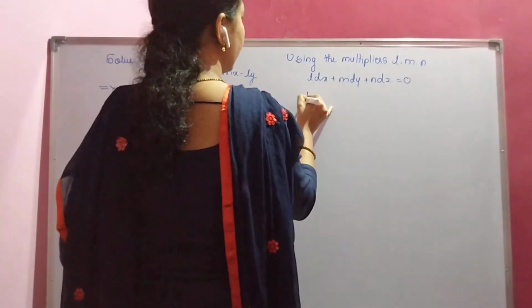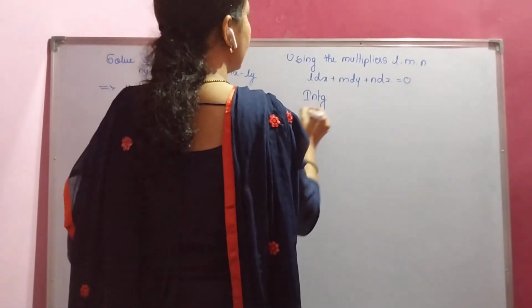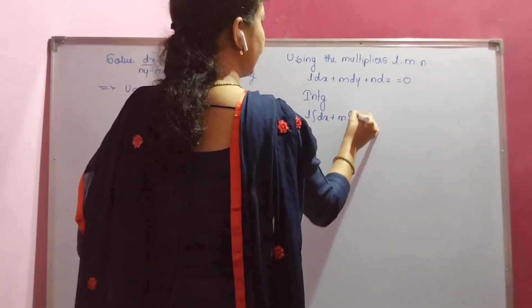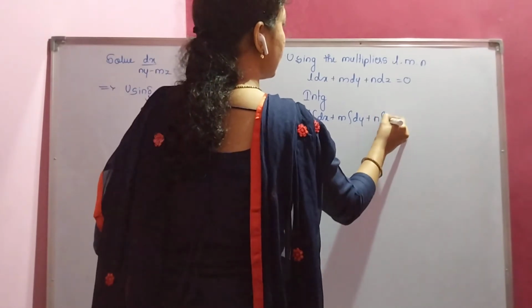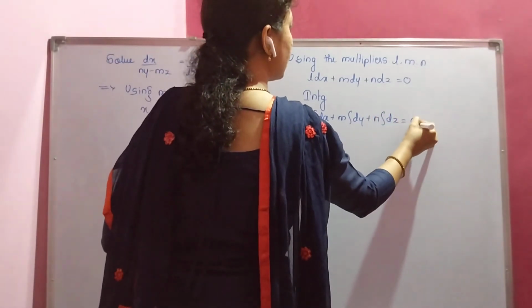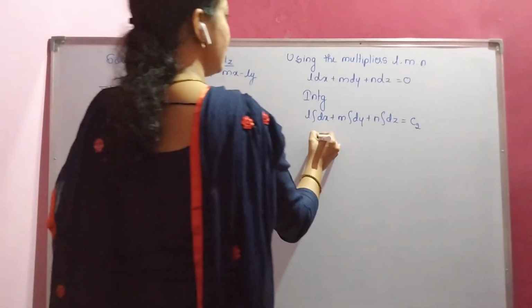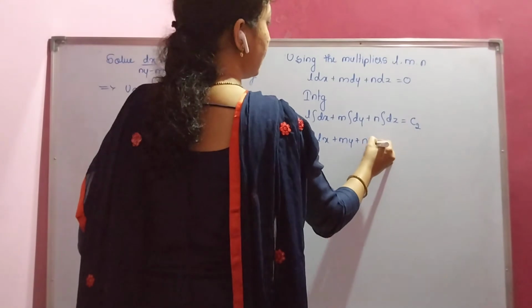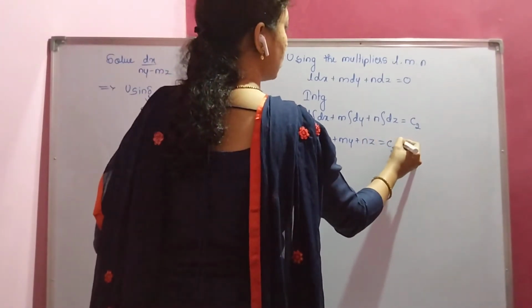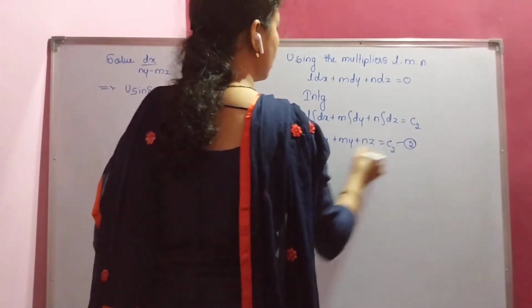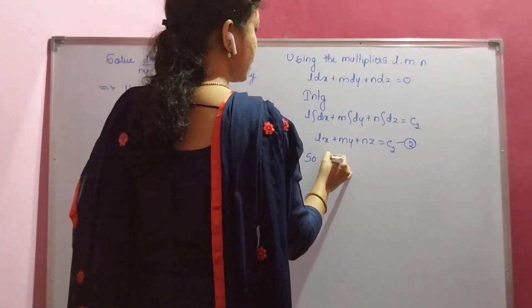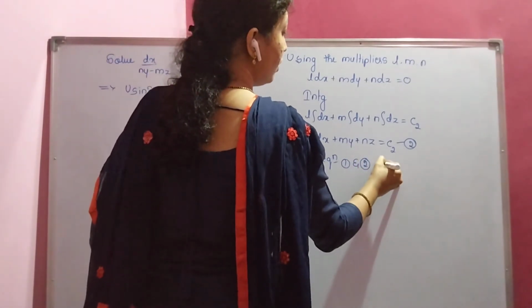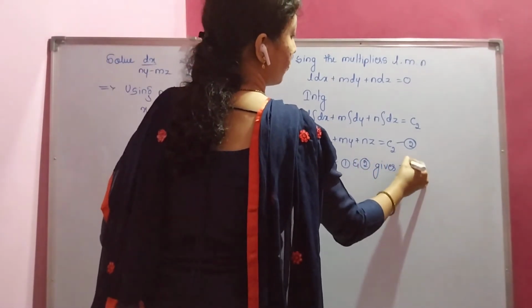Again integrating, it is l integration with respect to x, m integration with respect to y, plus n integration with respect to z is equal to the integral constant c2. Then it is lx plus my plus nz is equal to c2. Call this equation 2. So equation 1 and equation 2 give the solution.